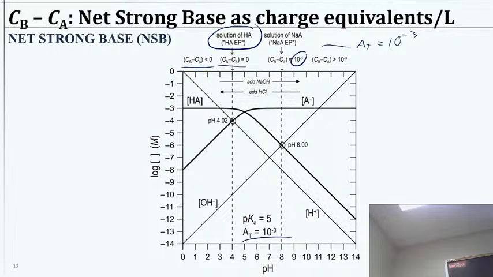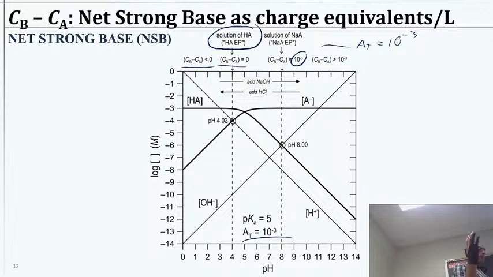It's the one that we've drawn on here, the HA. So the total HA, that value is the amount of base we have to add to get from our HA equivalence point to the NaA equivalence point. We actually already said the inverse of that earlier. To go from NaA to HA equivalence point, we have to add that much acid.